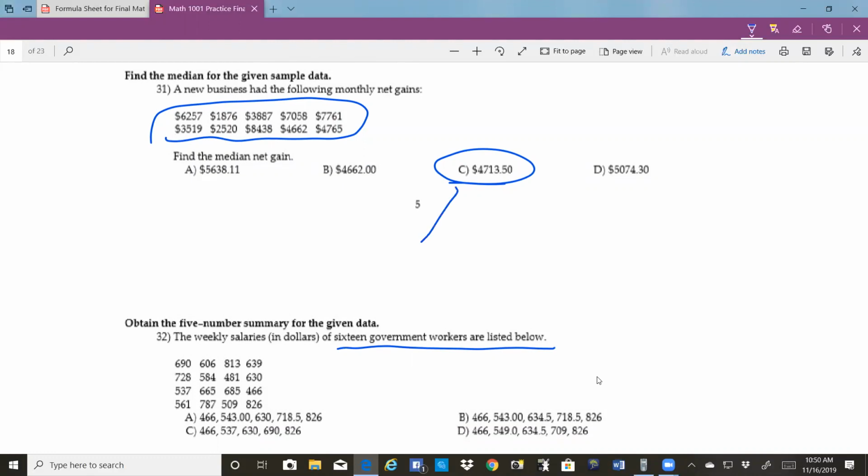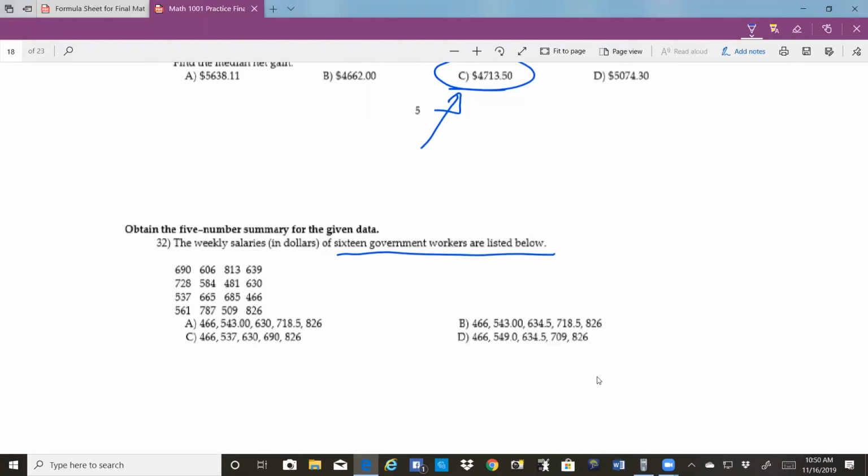If you do this particular one, the calculator will give you the median, which is 4713.50. And I urge that you do that. On the next one, I'm going to show you exactly how we do this particular problem, put it in the calculator that we have.